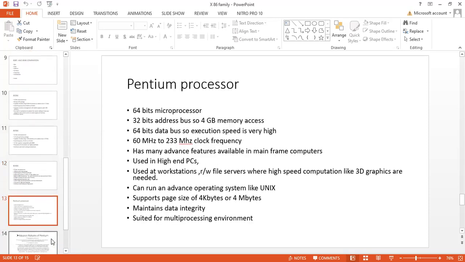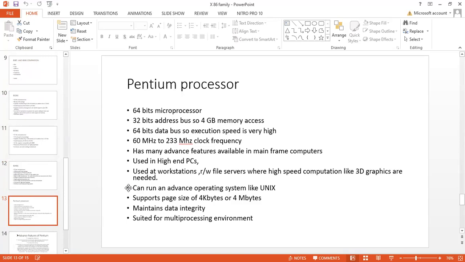Pentium, right? Pentium is a 64-bit microprocessor. 32-bit address, okay, so it can access 4 GB of memory. Then it has a 64-bit data bus. So execution or transfer of data will be much faster. Okay, up to 100 to 233.